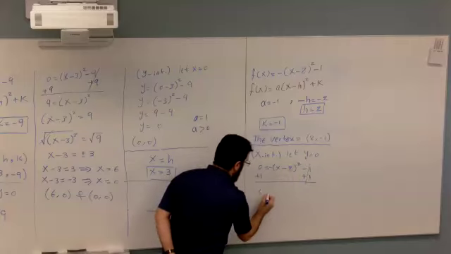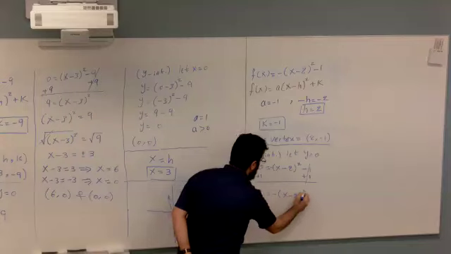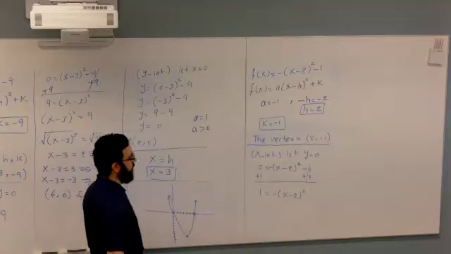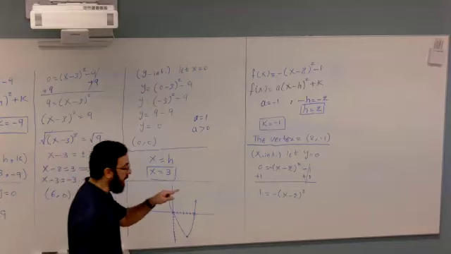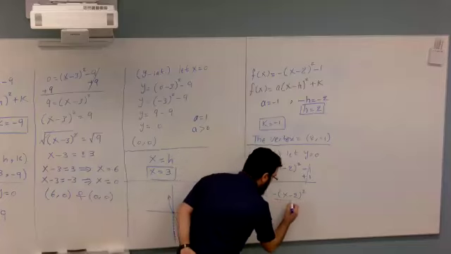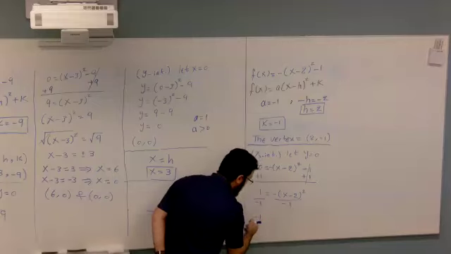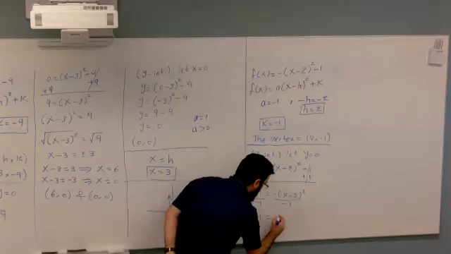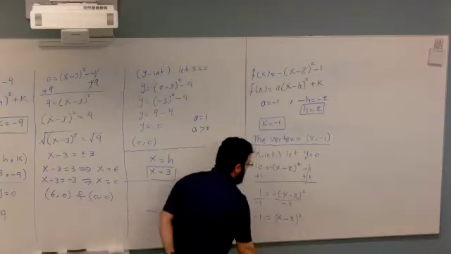Cancel. So 1 equals -(x - 2)². What's the next step? Can you divide by the negative? Yes, you have to divide by negative because there is a negative sign. So divide by -1. It's going to be -1 on this side equal to what? (x - 2)².